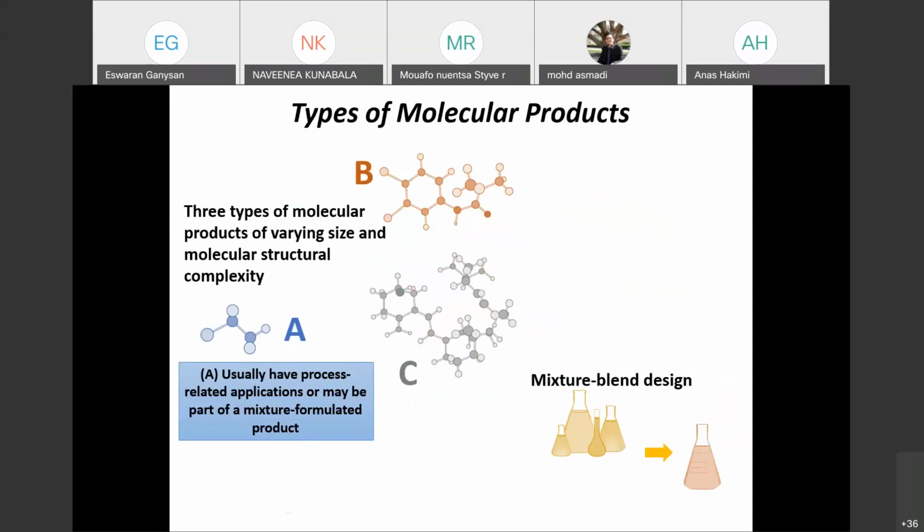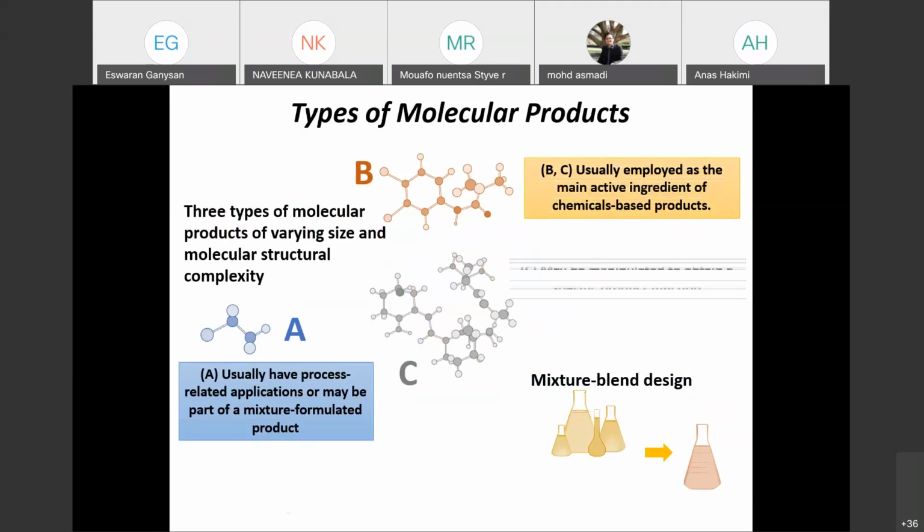When you apply it on your skin, the solvent evaporates easily at room temperature, but at 25 degrees C the solvent is in liquid form. And B, C are usually employed as the main active ingredient of the chemical based product. The molecular structure of type C may be manipulated to obtain a specific product function.